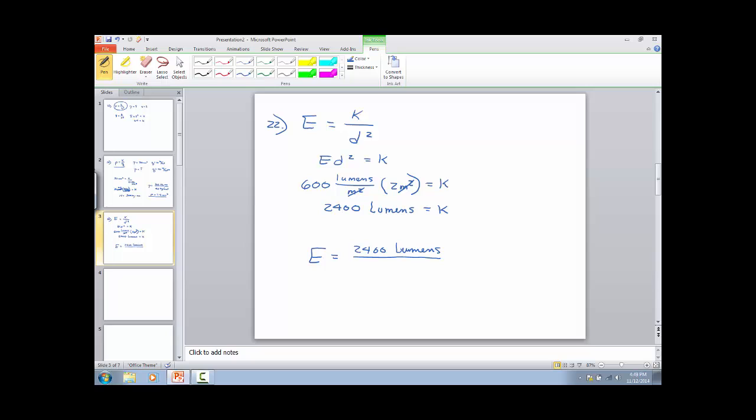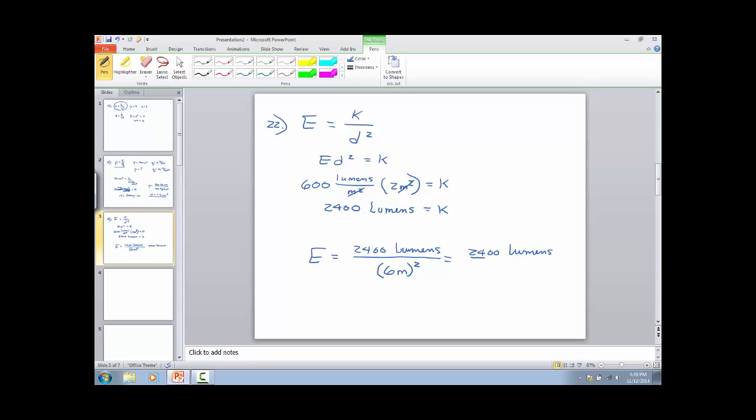Okay, and now we're 6 meters away. And that has to be squared, d squared. So we have 2400 lumens.